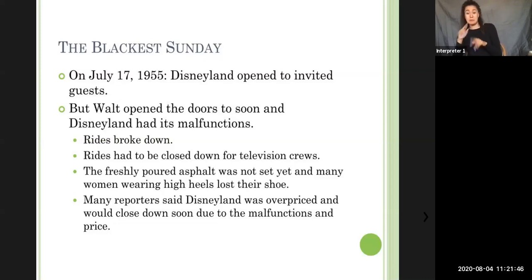This is a funny fact. The freshly poured asphalt was not set yet, and many women wearing high heels lost their shoe. Oh my goodness, imagine losing your shoes. Many reporters said that Disneyland was overpriced and that it would close down soon due to the malfunctions and price. And we're still here.